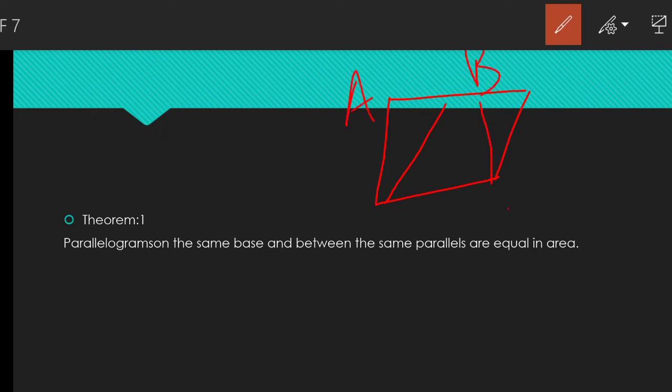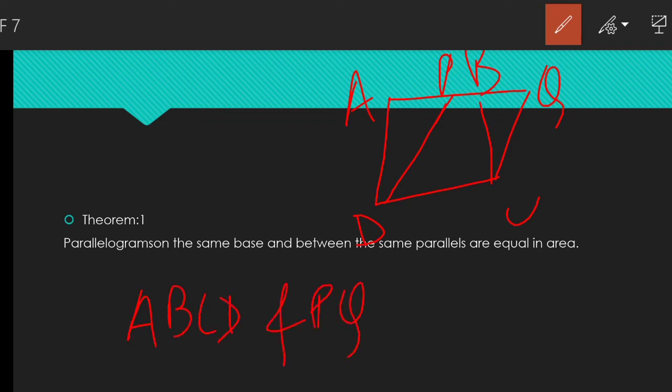So suppose we have parallelograms ABCD and PQCD. These are two parallelograms where the base is the same. The same base is CD.